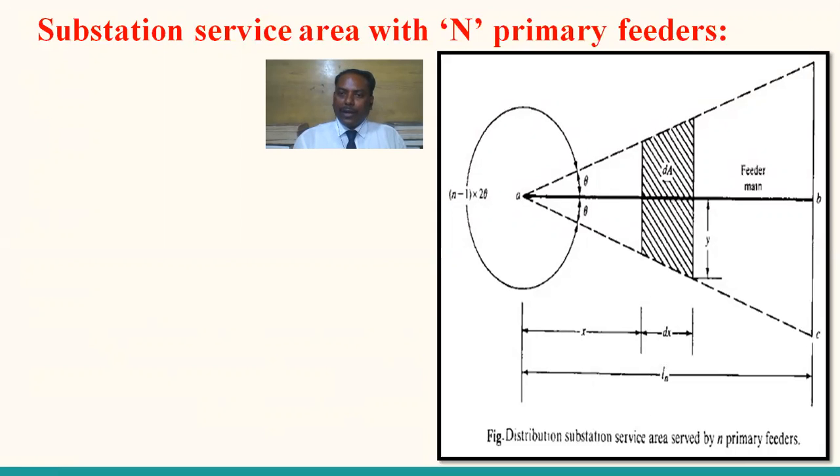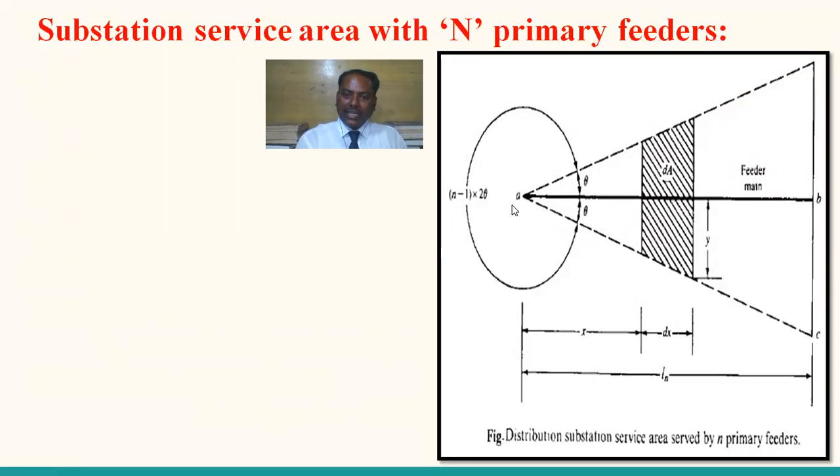So out of N number of feeders, you are taking only one feeder for analysis purposes. So what about the remaining feeders? The remaining feeders are N minus 1 into 2 theta; the total for N feeders is N into 2 theta. But here one feeder is taken for analysis, and the rest of the feeders apart from this single feeder are N minus 1 into 2 theta.